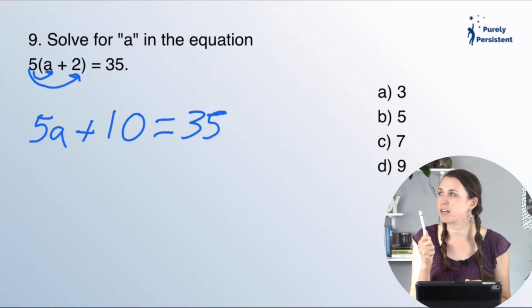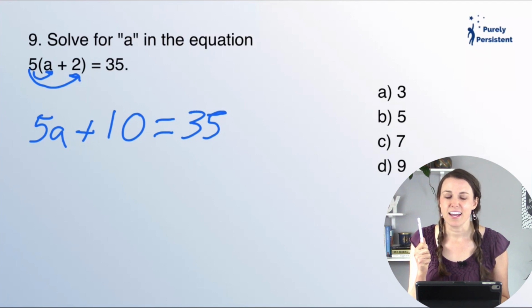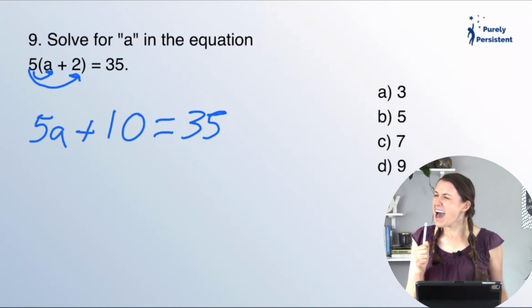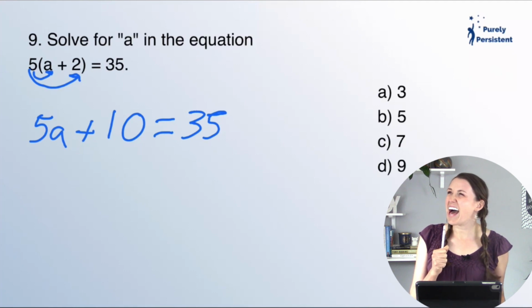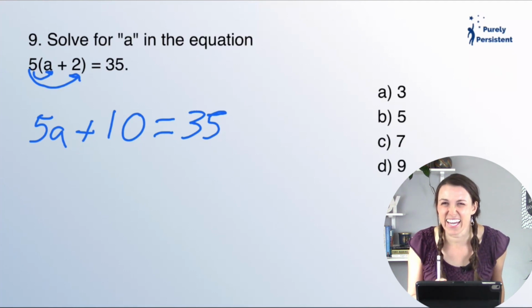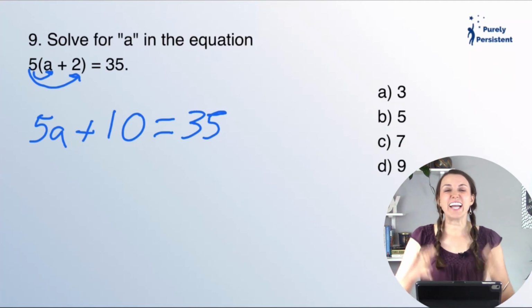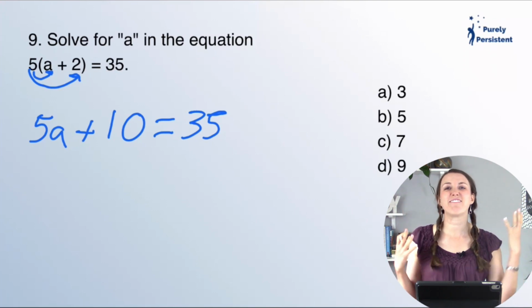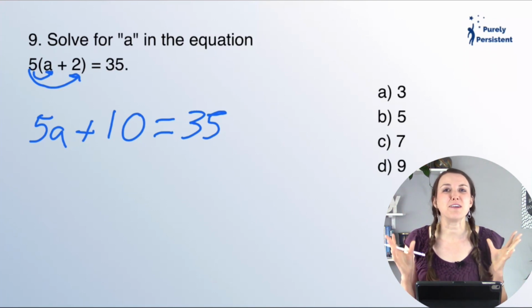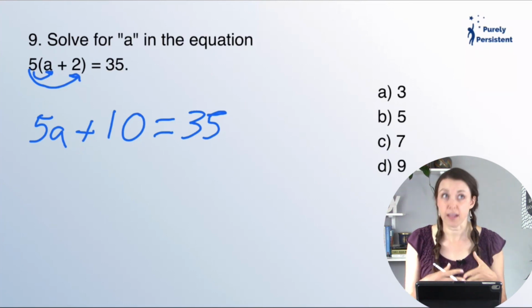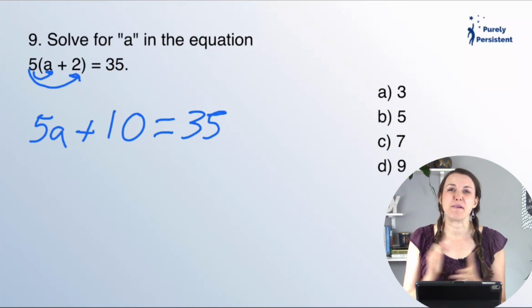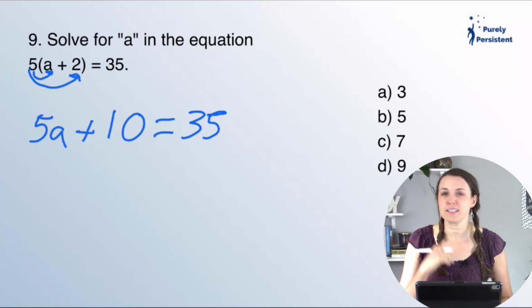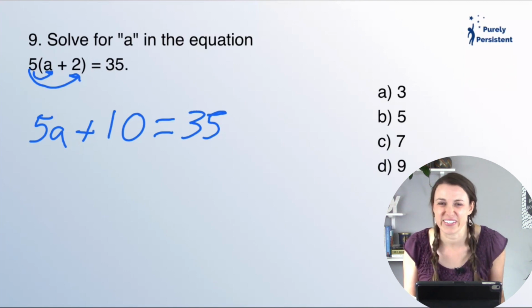So I like to use my marker or my pencil in this case and sing, how do I get you alone? Okay, so here we're trying to get the A alone. We're trying to get the variable alone. So if this helps you remember, get it alone, then remember that song. Just a silly little thing that we like to do.